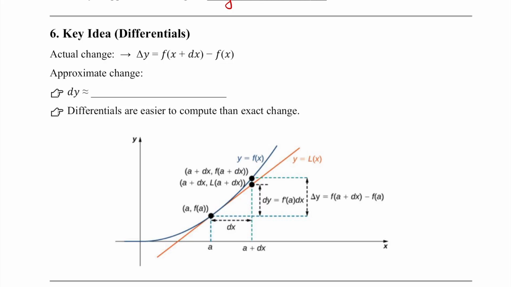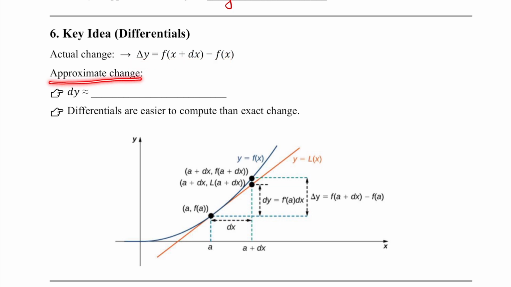Now, here's the main idea. There are actually two different kinds of change: the actual change and the approximate change. The actual change is called delta y, and delta y equals f of x plus dx minus f of x. This is the exact change.